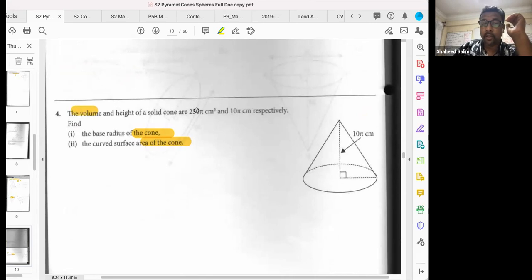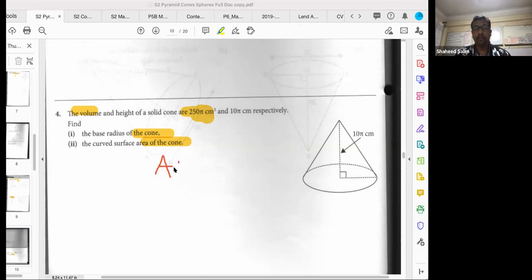The volume they give is here. Okay, you can find the radius. What's the formula for volume? Area times height, divide by 3. But in the case of a cone, you must specify this area of circle.